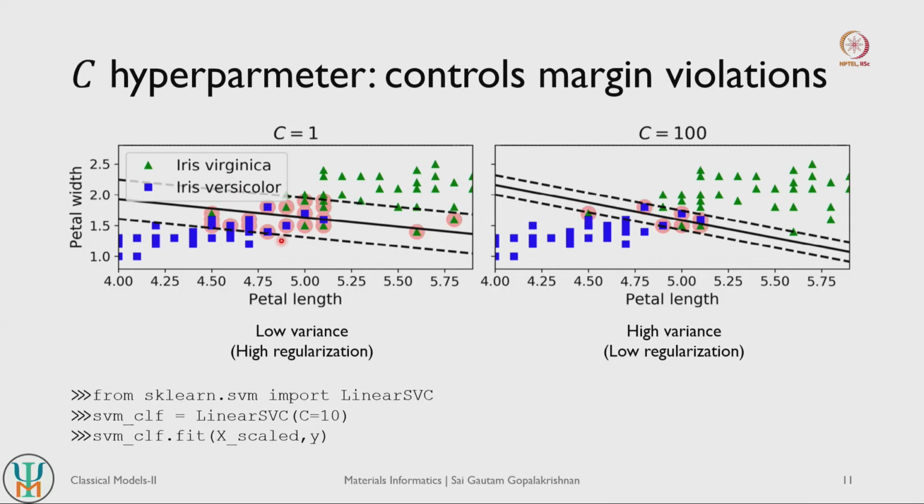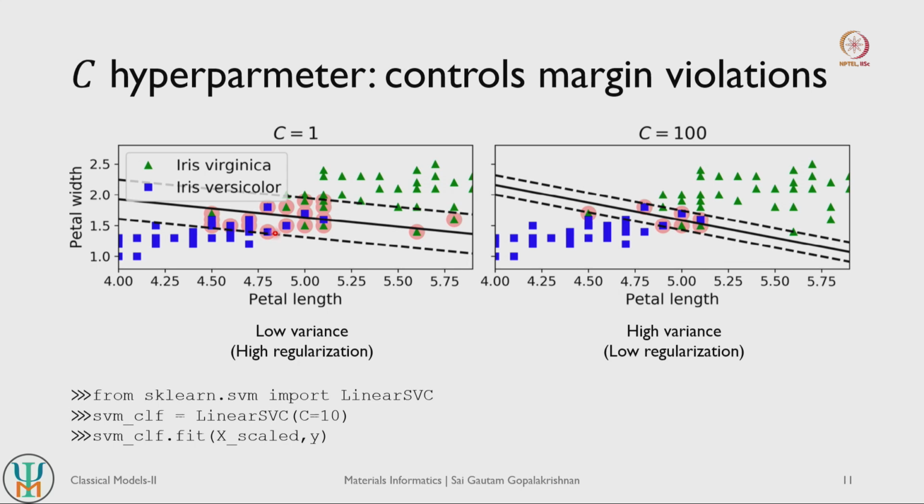So, this is basically a sub collection of data points. You have blue data points corresponding to versicolor here and green data points corresponding to virginica here, both belong to the iris flower category. And if you use high regularization, you see that the model tries to fit in as wide a street as possible, but then the model has a lot of outliers, right.